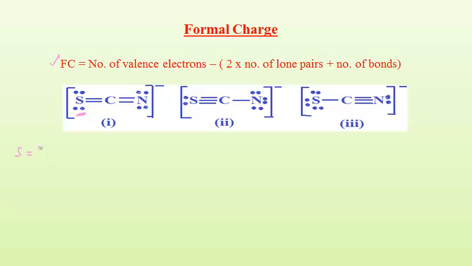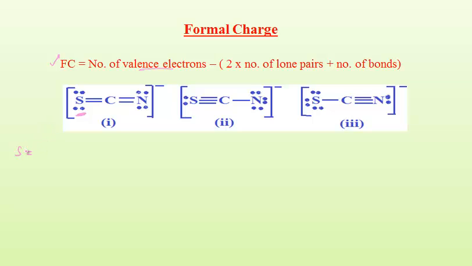I write here sulfur atom and apply the formula. Number of valence electrons: sulfur is present in the oxygen group, which is located in group 6A in the periodic table, and the group number represents the number of valence electrons in the atoms.